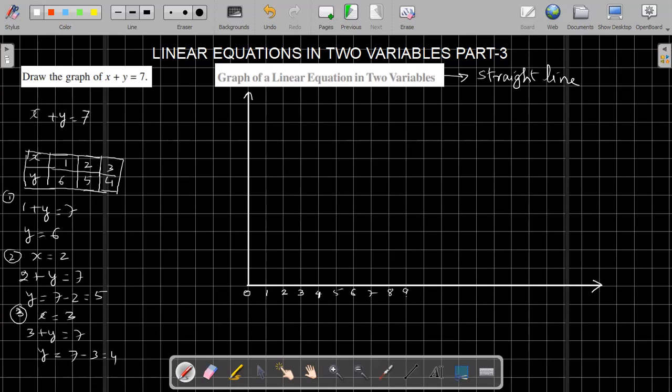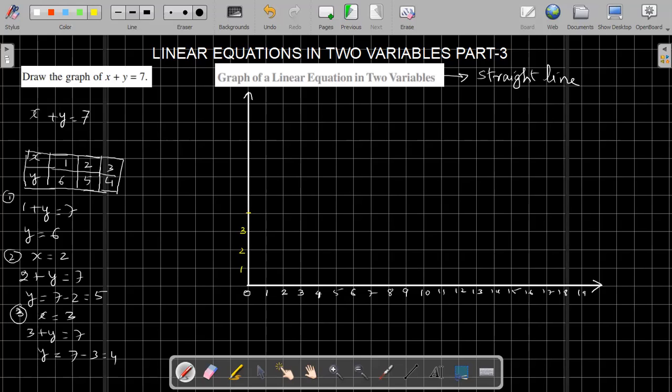We have to take 1 centimeter as 1, 2, 3, 4 on the x-axis, 5, 6, 7, 8, 9, 10, 11, 12, 13, 14, 15, 16, 17, 18, 19. You can go till here also because it is up to you, but it should be greater than the maximum value. And on the y-axis, we are taking 1, 2, 3.